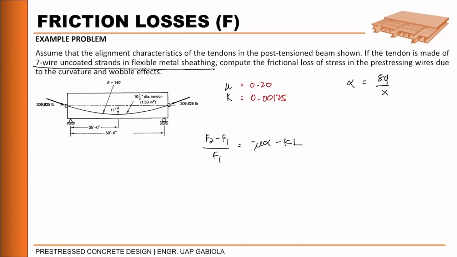So, yung y natin is yung vertical distance from the center, yung pinaka maximum na downward distance natin, yung E. Okay? So, 8 times 11 all over yung x natin is i-consider natin ay 25, no? Kasi 25 is naka-fit yan. So, kailangan times natin ito para maging inches.